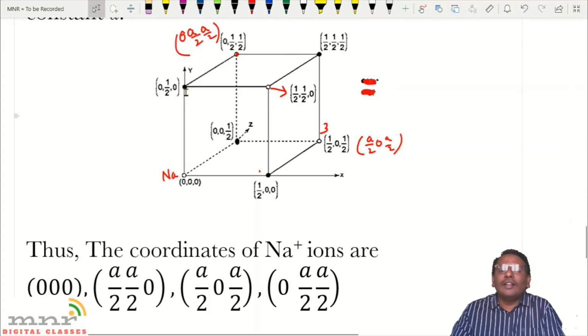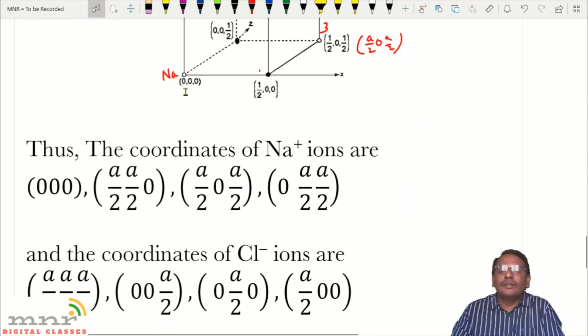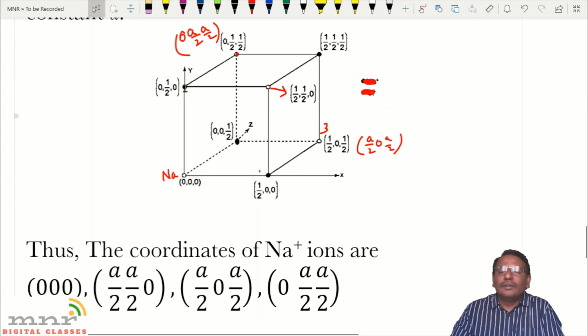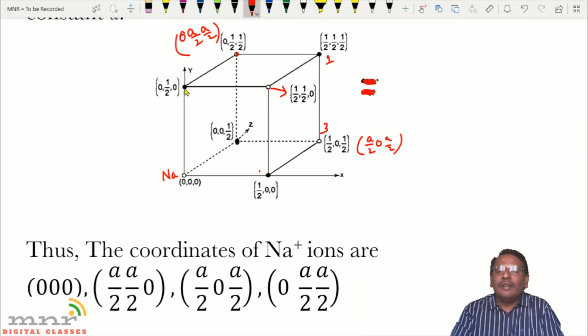Similarly, we can find the coordinates of the chlorine atoms. We have 4 chlorine atoms. The first atom has the coordinates a/2, a/2, a/2.